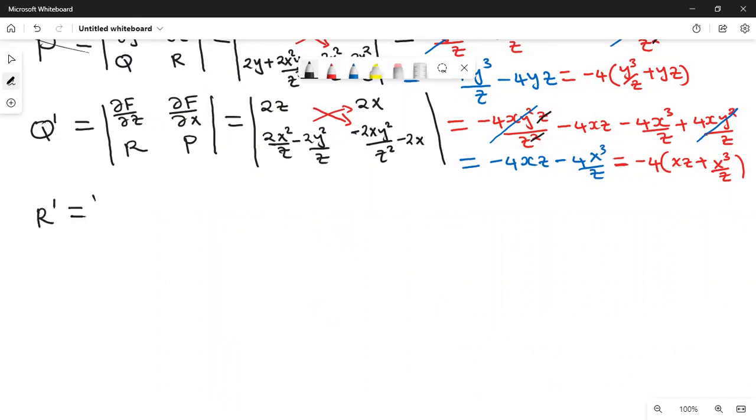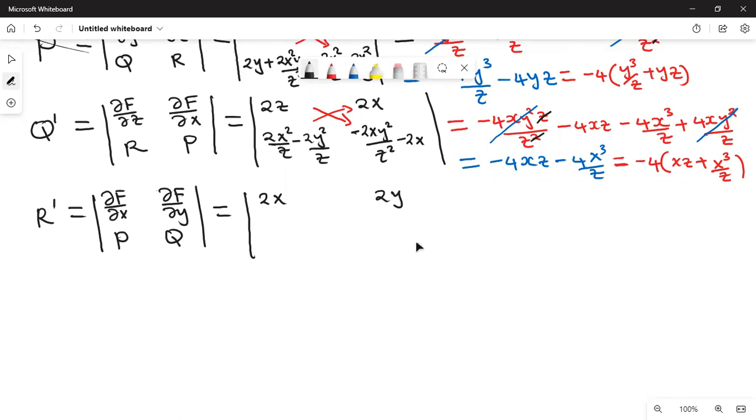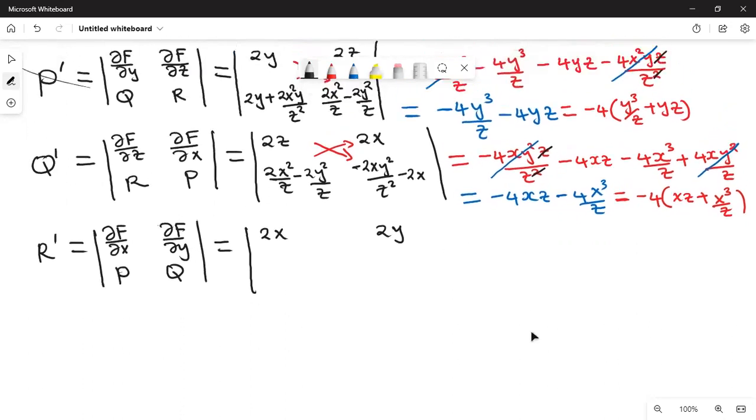This is defined by the determinant of partial f, partial x, then partial f, partial y. Here we have p, q. Let me substitute the values. So f with respect to x, that is 2x. F with respect to y is 2y. Our p, let us replace our p capital.